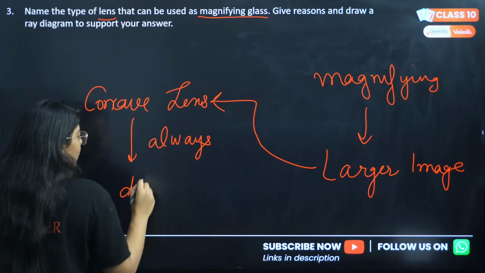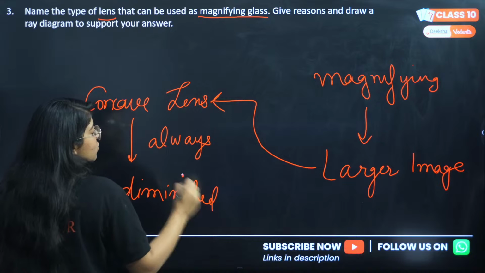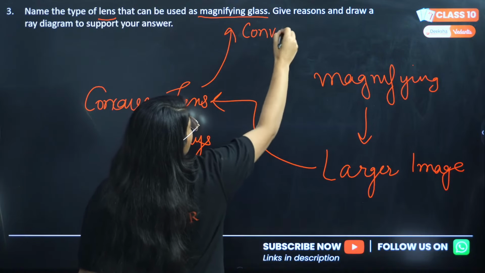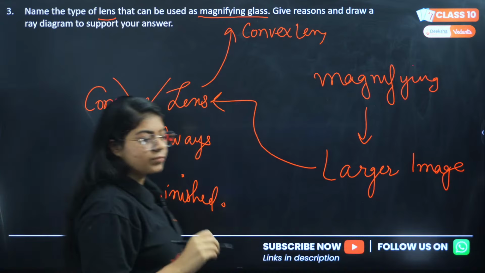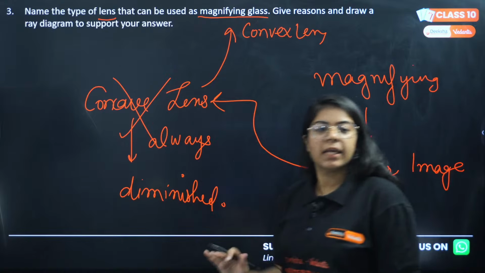So from here I know that the answer for magnifying glass is convex lens and not concave lens. Correct? Till now we are sorted till here.